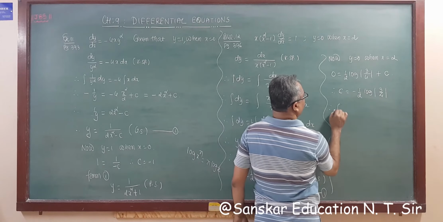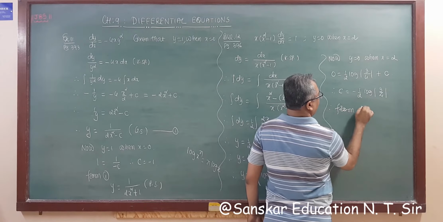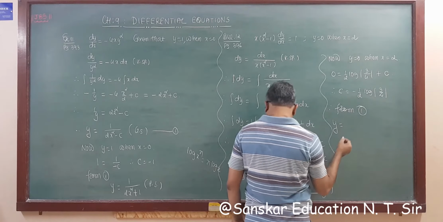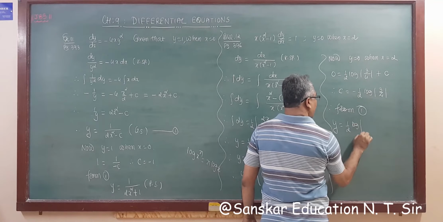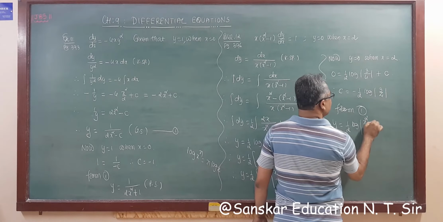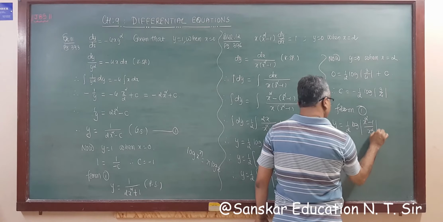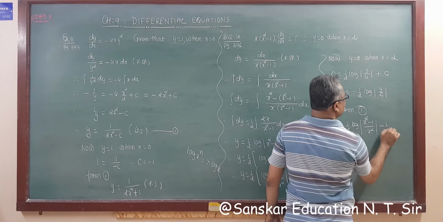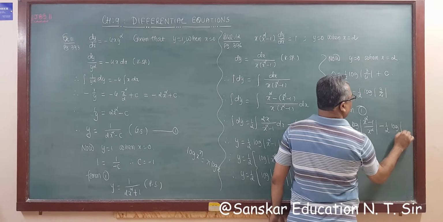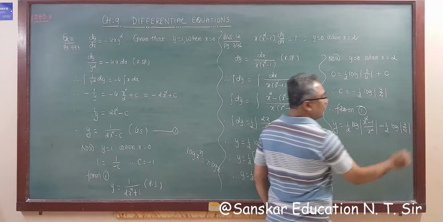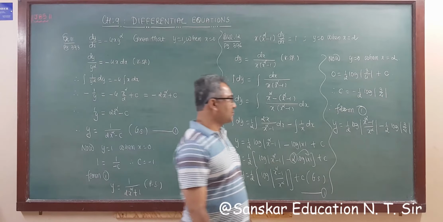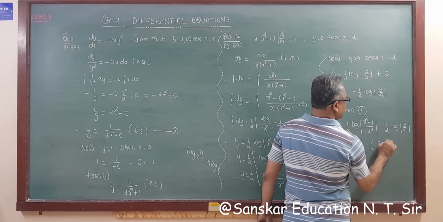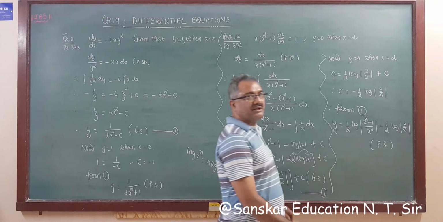So therefore from 1, y is equal to half log mod x square minus 1 upon x square, and minus half log mod 3 by 4. So this is your particular solution.